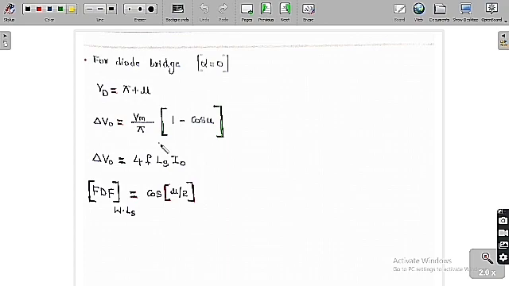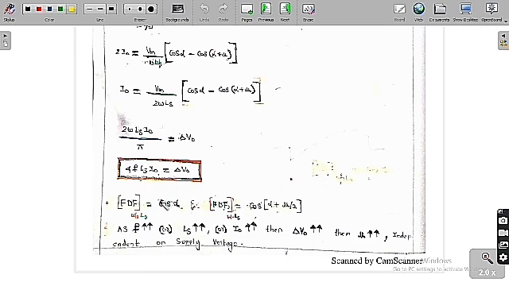Now what is the fundamental displacement factor? I forgot to say this important point. The fundamental displacement factor without source inductance is cos alpha.